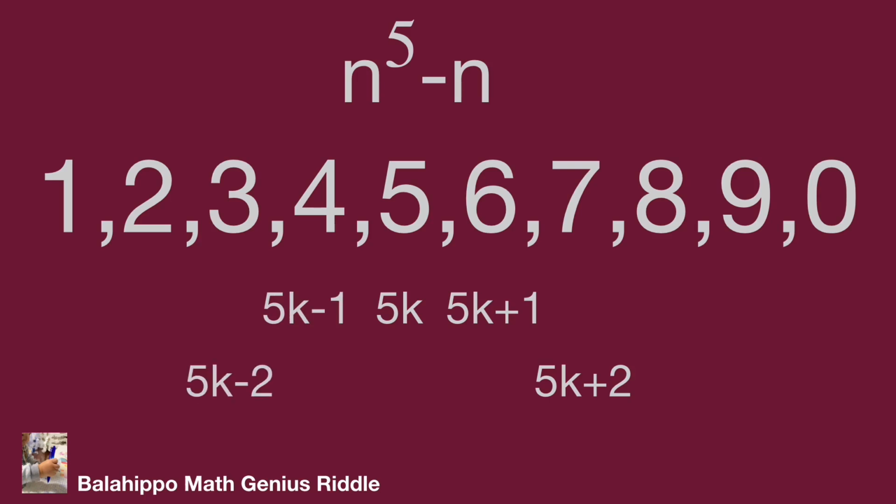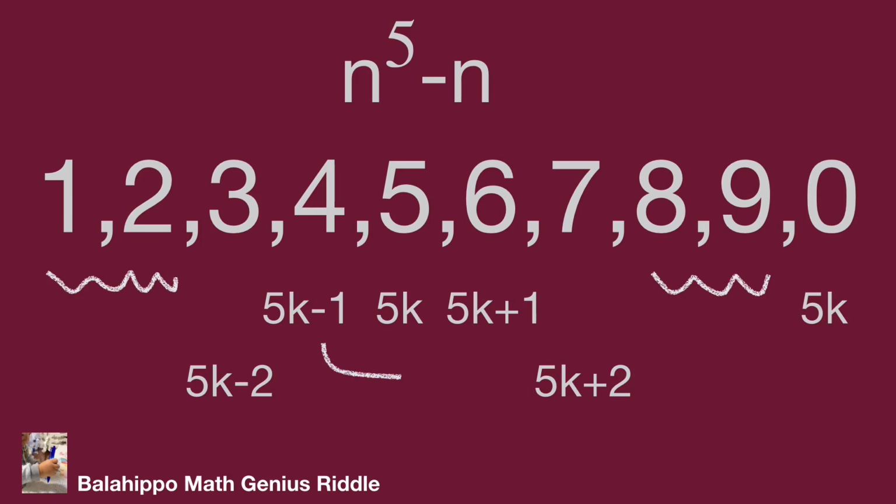Same idea for 0 as the center 5k: 8, 9 are 5k minus 2 and 5k minus 1, 1, 2 are 5k plus 1 and 5k plus 2. We don't need to prove it for 5k, the last digits 5 and 0.